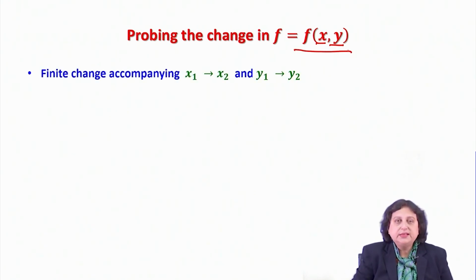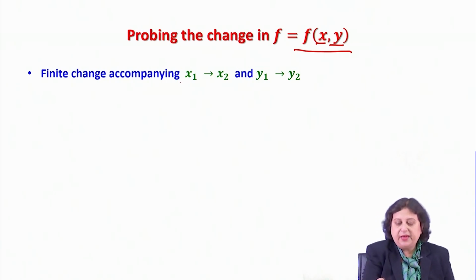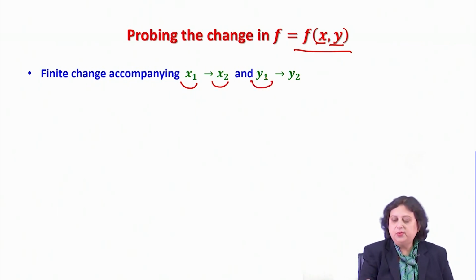Therefore, if there is a change of the value of the independent variables, the value of x initially was x1 and then it changes to x2, and at the same time, the value of y was y1 and it changes to y2.